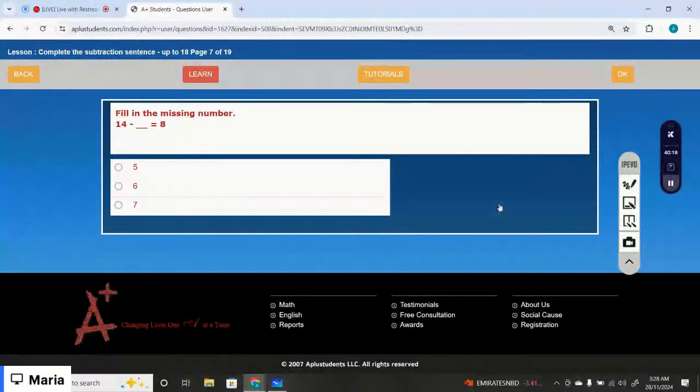Fourteen take away 6 is 8. The correct option is 6.